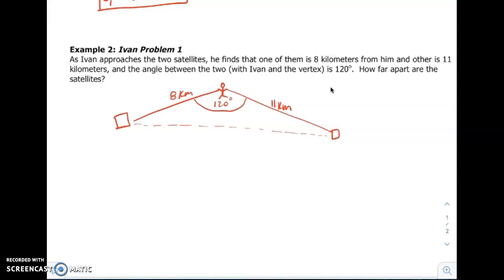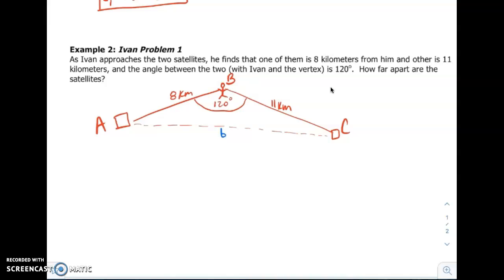So if I'm going to label this, let's label it ABC again. And they want this distance, which would be side B. So you need to decide whether you can use law of sines for this or law of cosines. In order to use law of sines, you would need opposites.